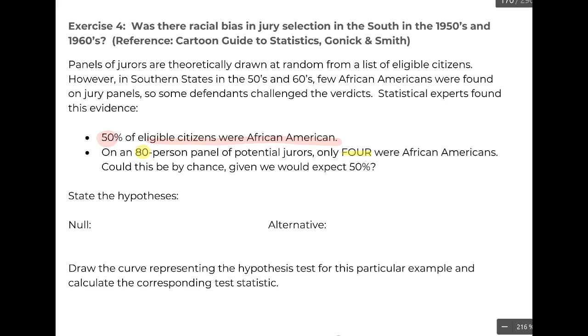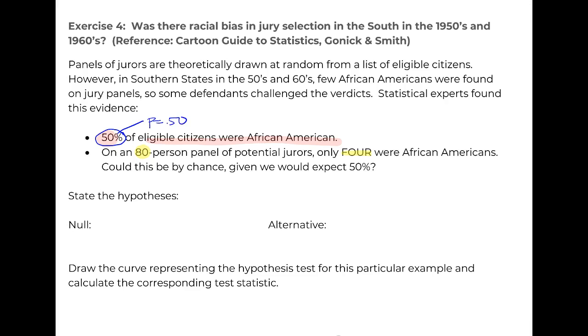So if we're going to state our hypotheses here, we have basically only one percent that's given to us, and that's that 50%. The population value, right? So they're saying in the population, 50% of citizens are African American.